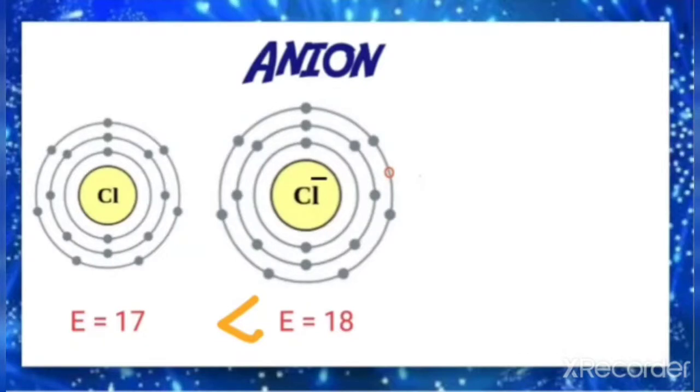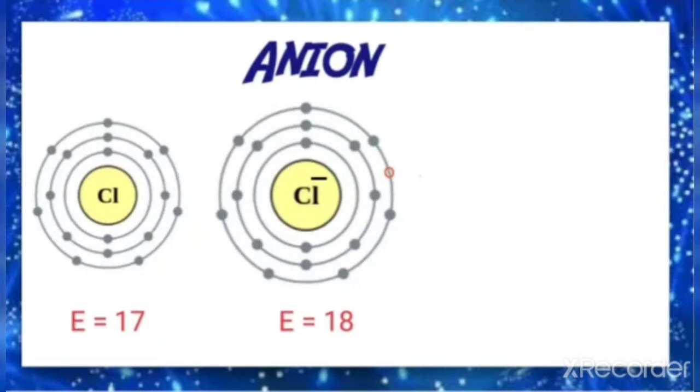So electron repulsion starts. That means the negative charges will repel each other. Due to the repulsion, they will move outward, so the size gets increased.